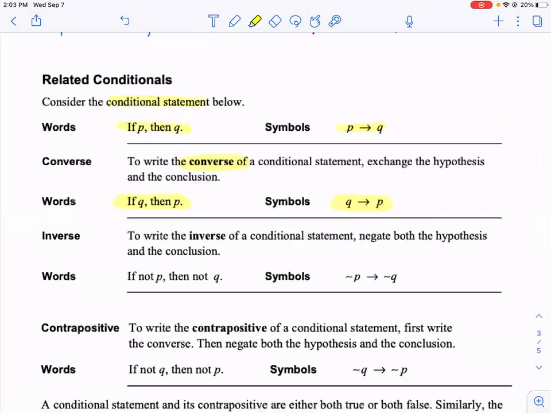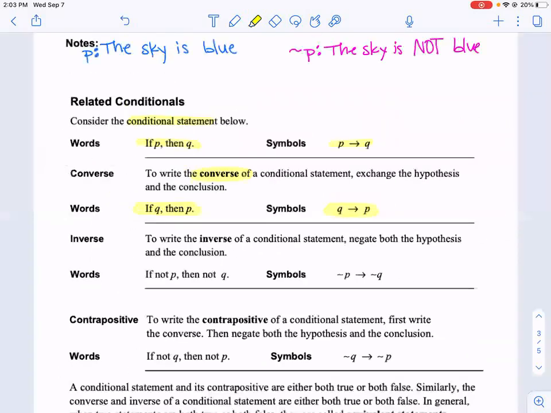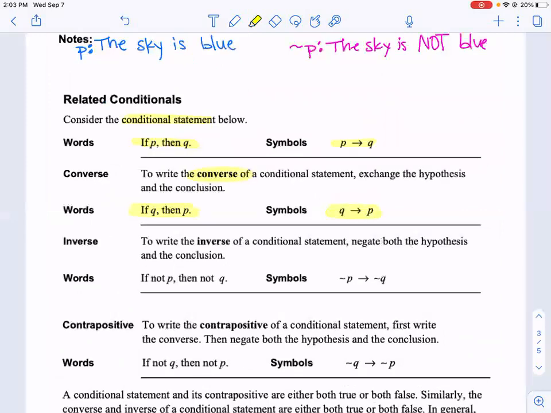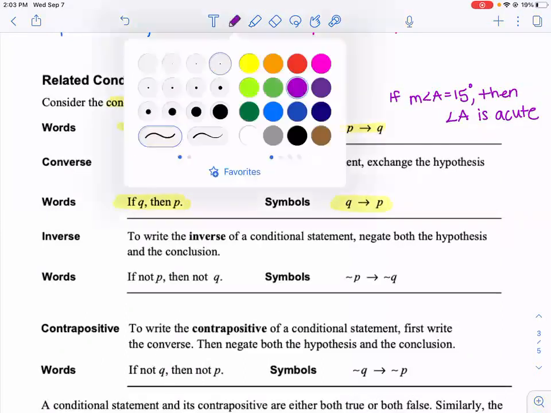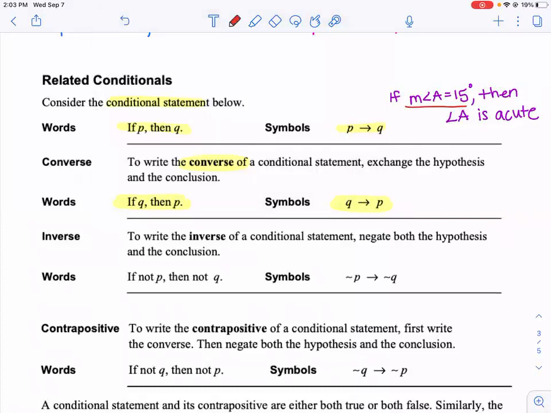So up here, I'm going to write a conditional statement, and then we're going to write the converse right here with it. If the measure of angle A is 15 degrees, then angle A is acute. That is my conditional statement. Here is my hypothesis. Here is my conclusion.